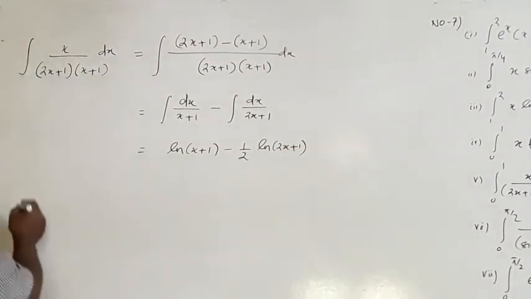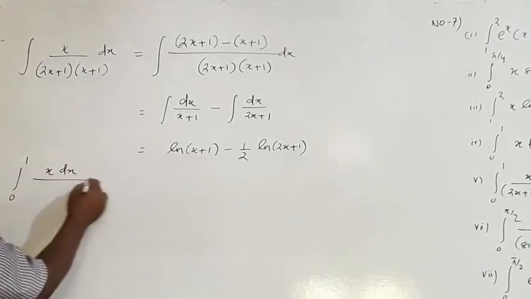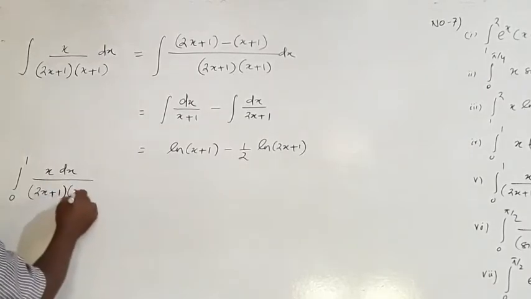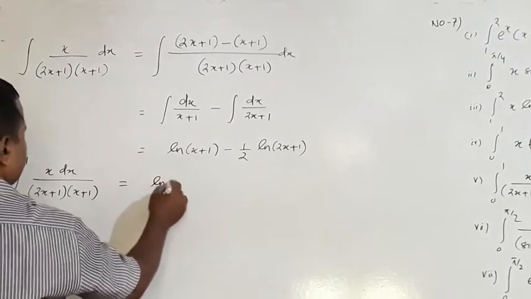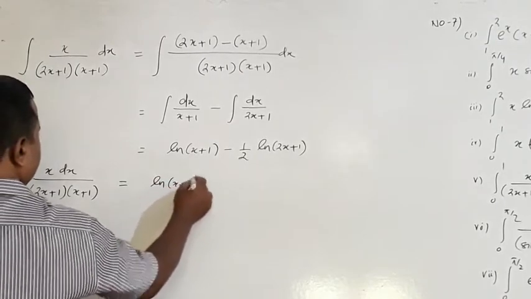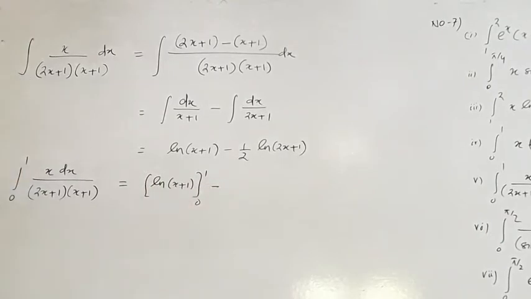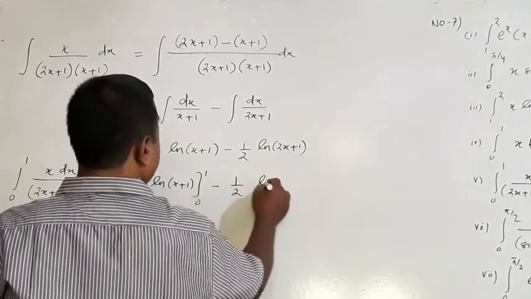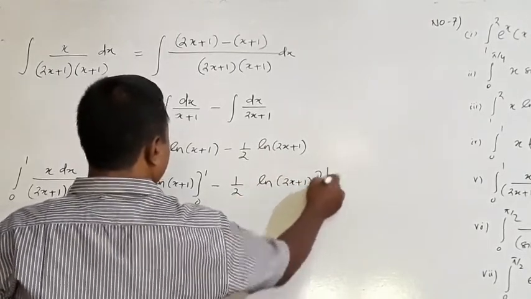When it is 0 to 1, x dx by 2x plus 1 into x plus 1, it becomes, look, ln of x plus 1 from 0 to 1, minus 1 by 2 ln of 2x plus 1, from 0 to 1.